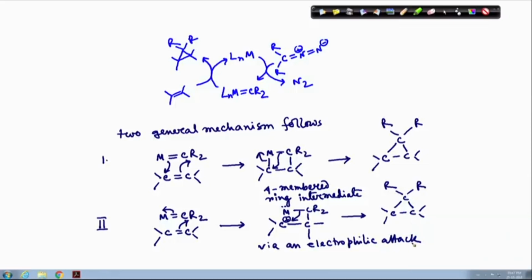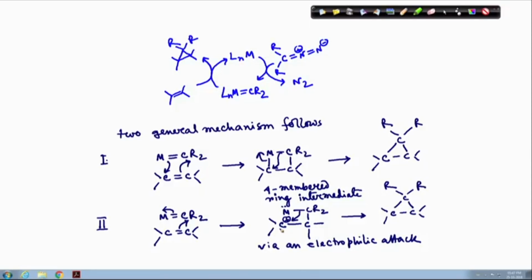Here we have to keep in mind that this type of cyclopropane synthesis is stereospecific in general. So, if mechanism 2 is responsible, then the product formation step should be more rapid than single bond rotation. Otherwise, if this bond formation step is not fast enough, then there will be a chance to rotate around this carbon-carbon single bond.